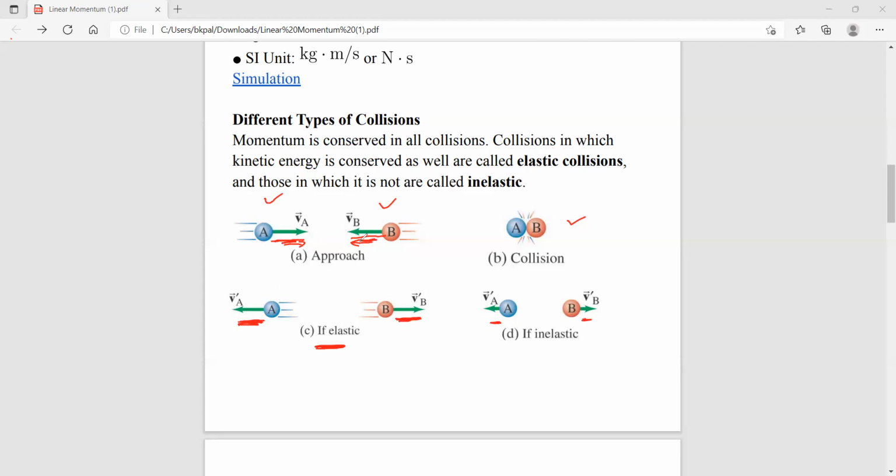The collision that we see normally in our everyday life is inelastic, and in an inelastic collision, you see they lose velocity. That's why the kinetic energy is not conserved in an inelastic collision. I'm going to show a simulation that will probably help you understand more.